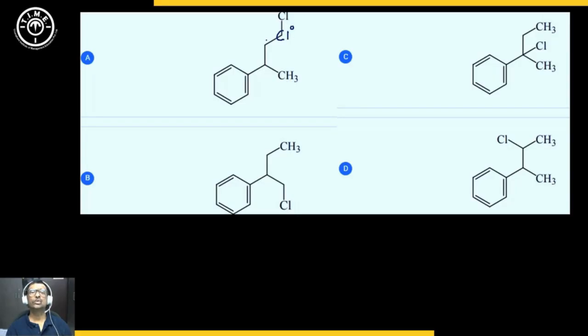This carbon is attached to only one carbon. This carbon is also primary. This is primary. This is also primary. What about this? This carbon is attached to a carbon here, a carbon there, and a carbon there. So, it is tertiary there. So, this is the one that is going to be the product. So, this carbon is having only one carbon here and one carbon there. So, it is 2-degree carbon. So, this is the answer now.